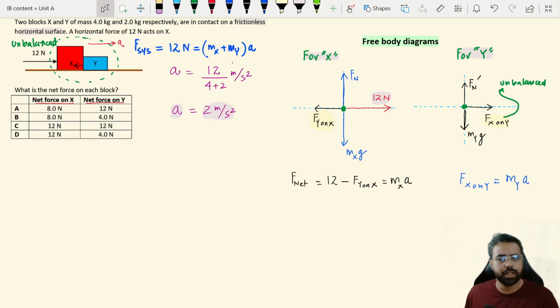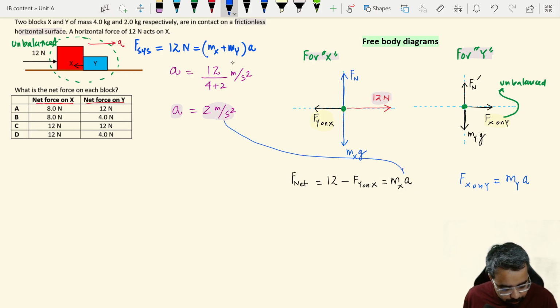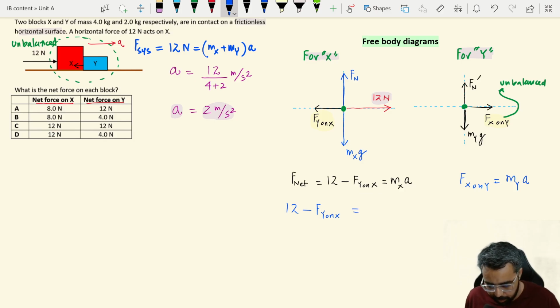We had already calculated the acceleration, so we just need to put the value here. 12 minus Fy on x is equal to mx times a. The mass of x is 4, into 2. So that is 12 minus Fy.